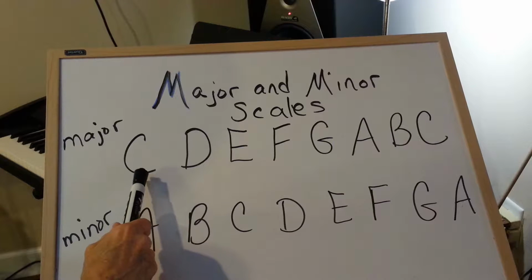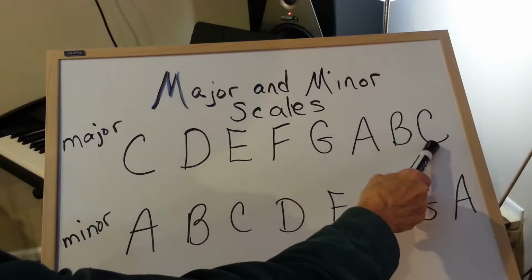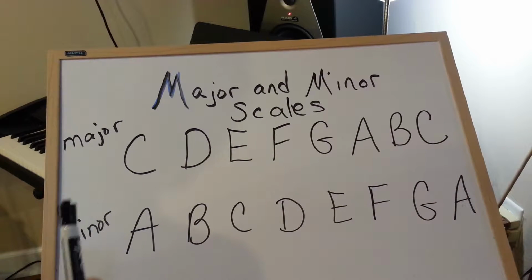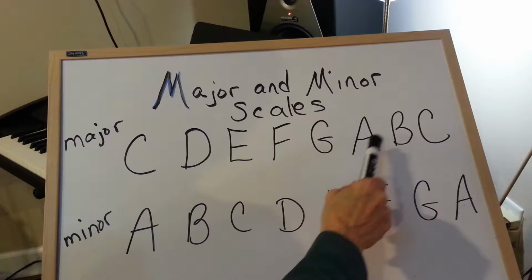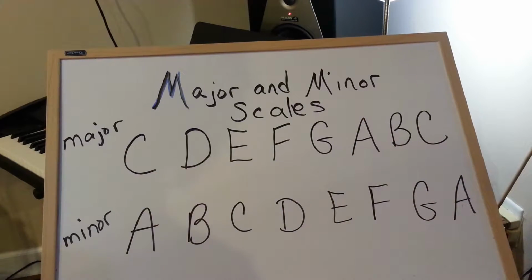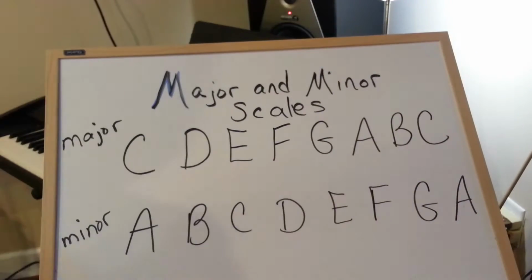Let's start with C, and then say all the letters from C and end on C. Ready? Go. C, D, E, F, G, A, B, C. All right, so if I need to know the pattern for a major scale, I simply use what diatonic pattern? The one that starts on C and ends on C.